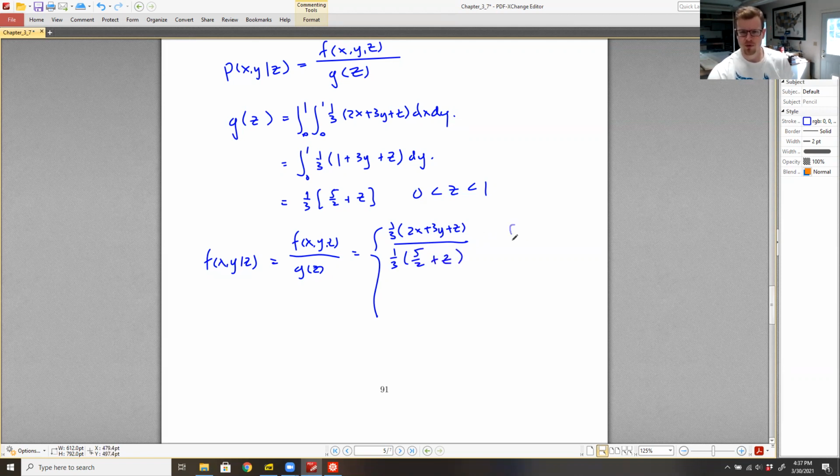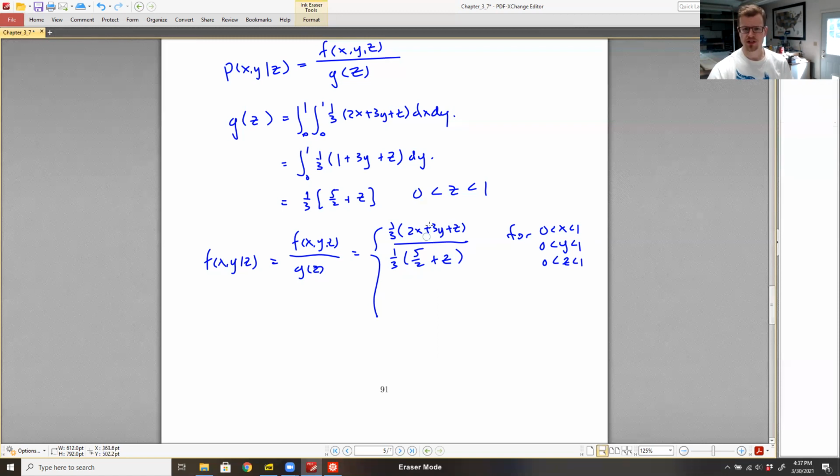And what this is for values of x which are between 0 and 1, values of y which are between 0 and 1, and values of z which are between 0 and 1. Once we choose a particular z value, then that gives us the conditional distribution of, the joint conditional distribution of x and y given whatever z value we let z be.